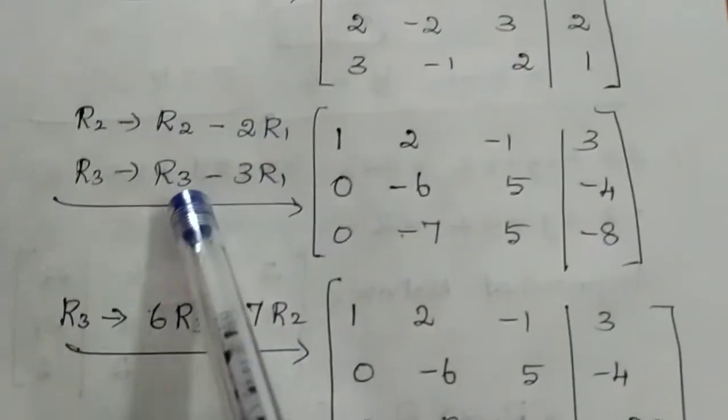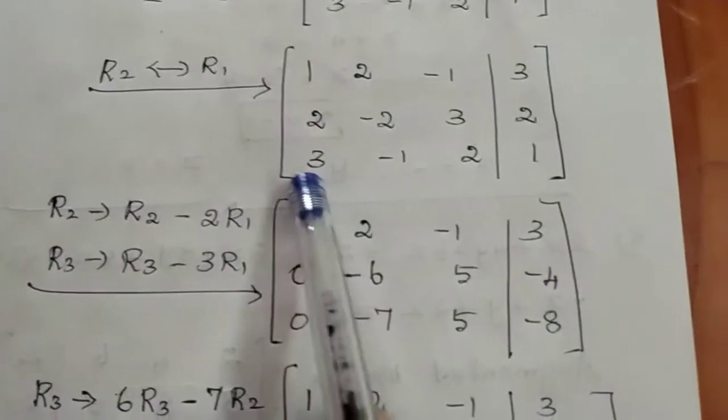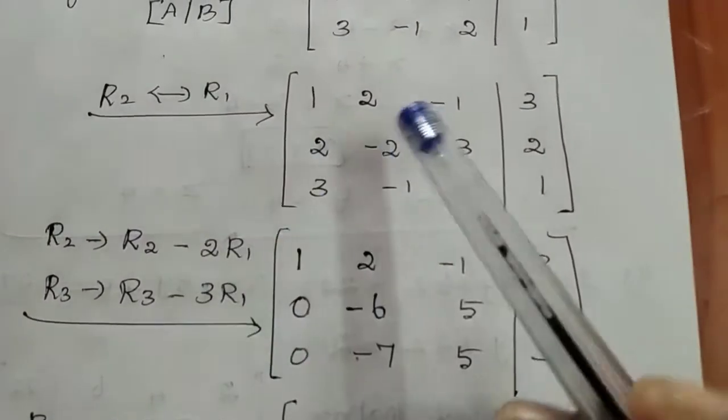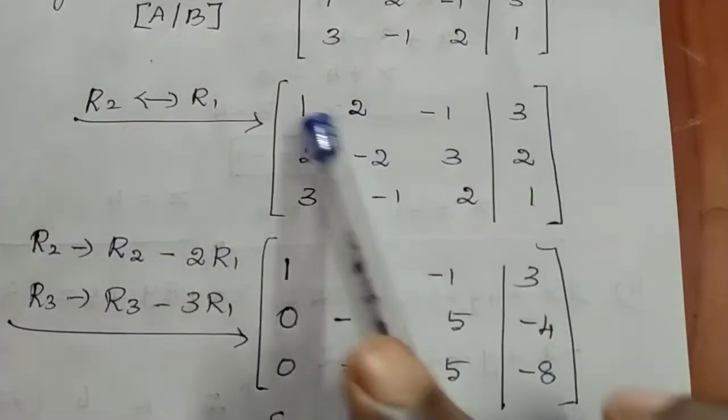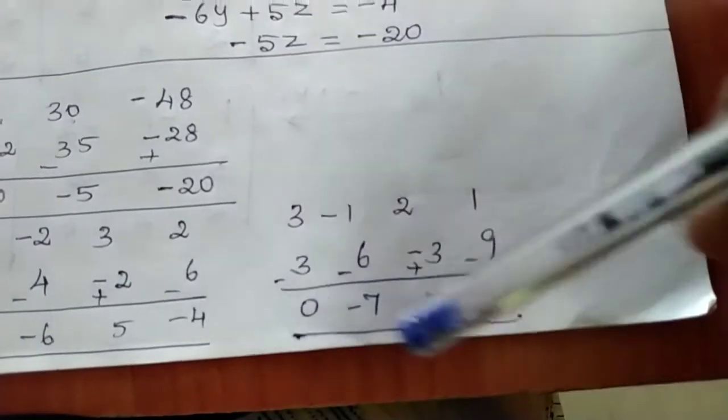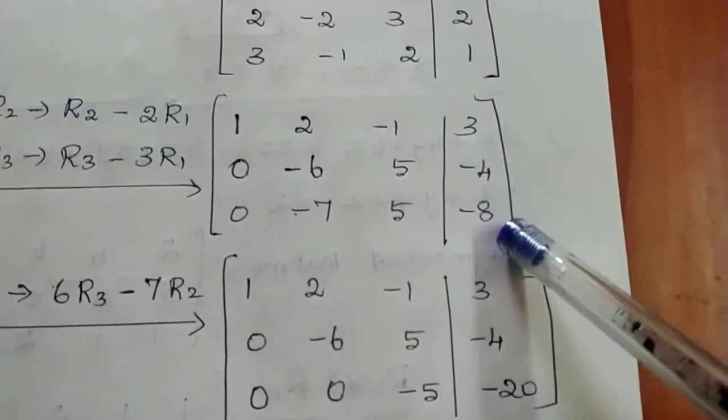Similarly, R3 minus 3R1. Write R3, and minus 3R1, R1 multiplied by 3, each and every term multiplied by 3. Right? And subtract. We get 0, minus 7, 5, minus 8.